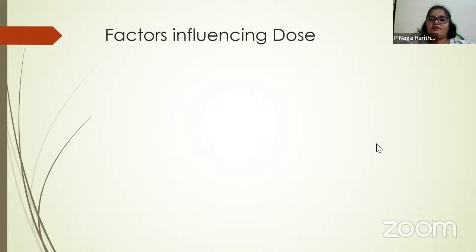Whenever students see a heading like factors influencing dose, or factors influencing absorption, factors influencing distribution, they generally tend to avoid these factors, feeling that all the factors would be the same. Why do we have to read?